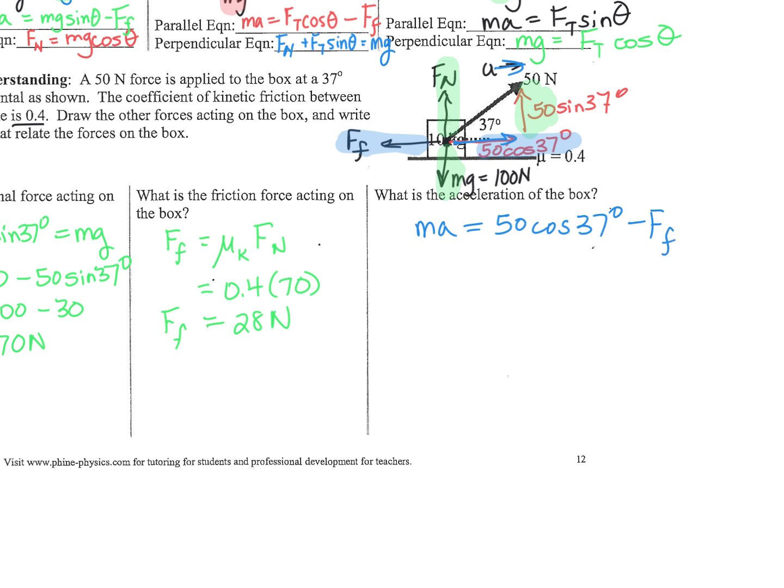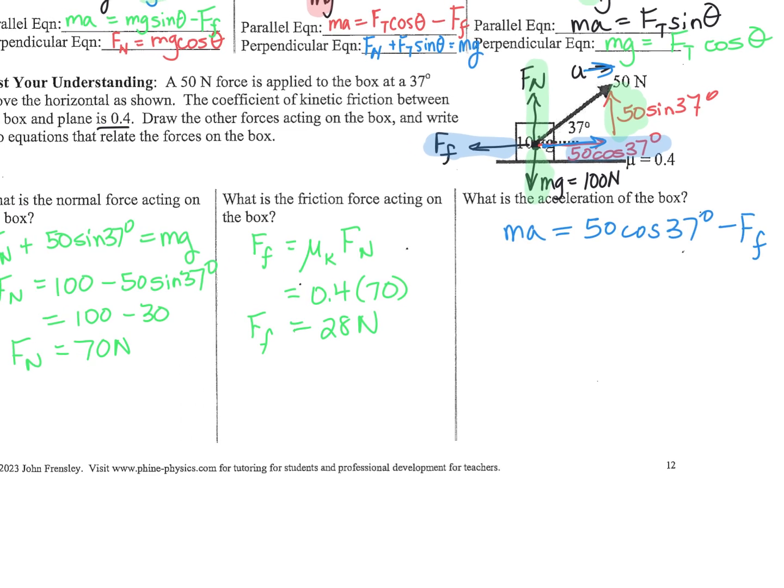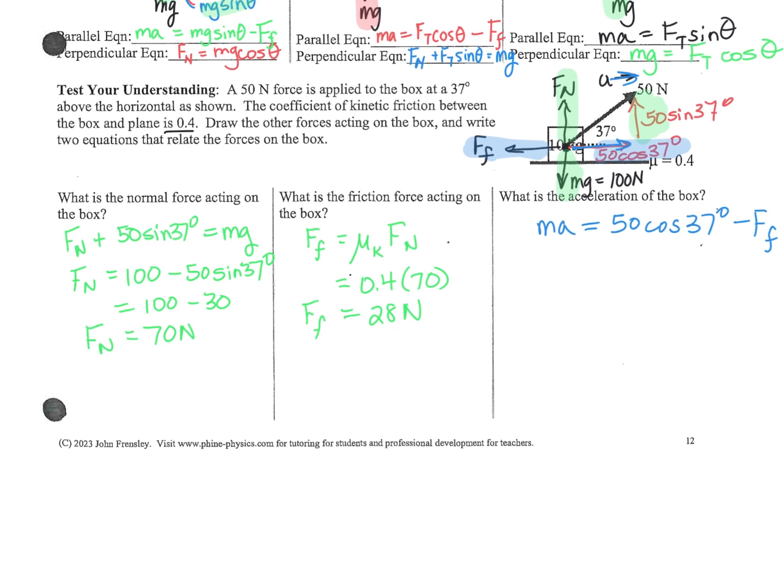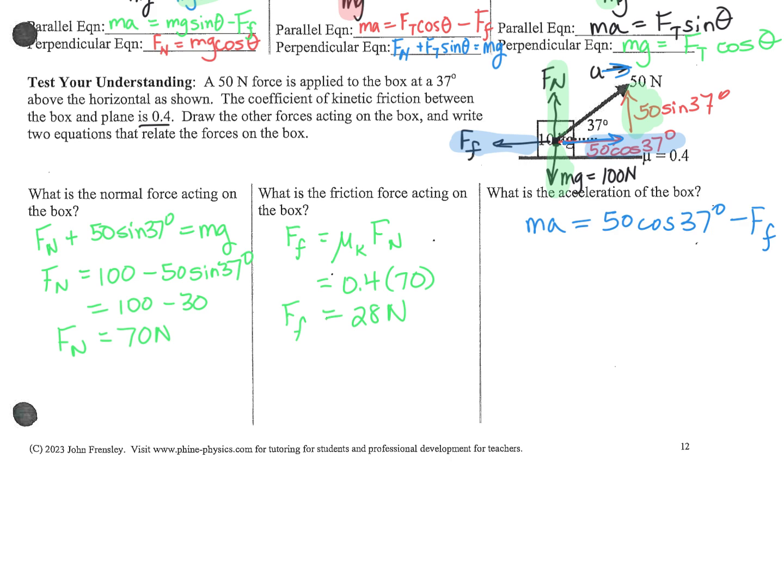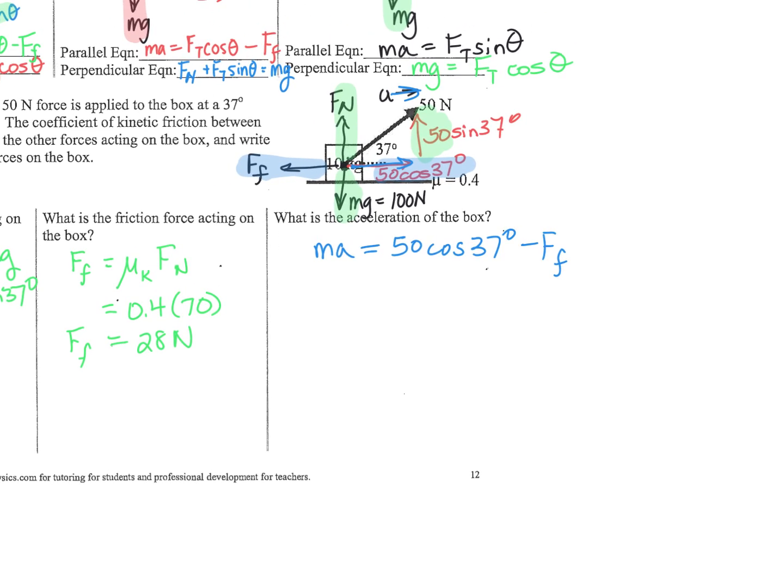So mass of this box, it's a 10 kilogram box, so we've got 10 times the acceleration, which we don't know. 50 cosine 37 is 40, minus the force of friction, which we just found, which was 28. So we have 10A equals 40 minus 28 is 12, so A is equal to 1.2 meters per second squared.